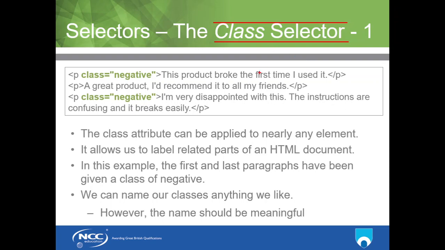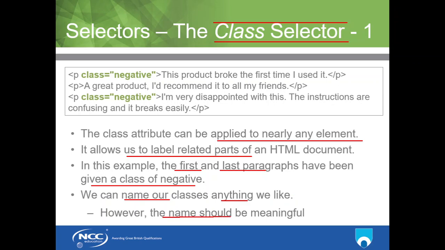Okay, so let's see how this is done. The class attribute can be applied to nearly any element. It allows us to label related parts of an HTML document. In this particular example, the first and last paragraphs have been given a class of negative. Now, we can name our classes anything we like, but it is advisable that the name should be meaningful. So let's see how we use the class selector in our HTML document.